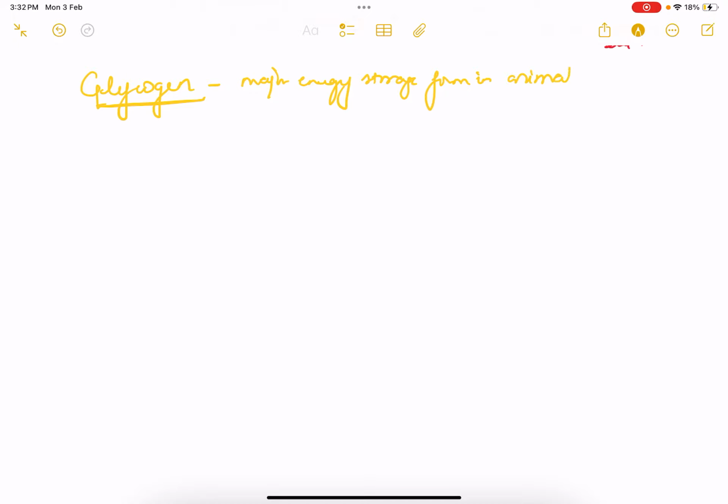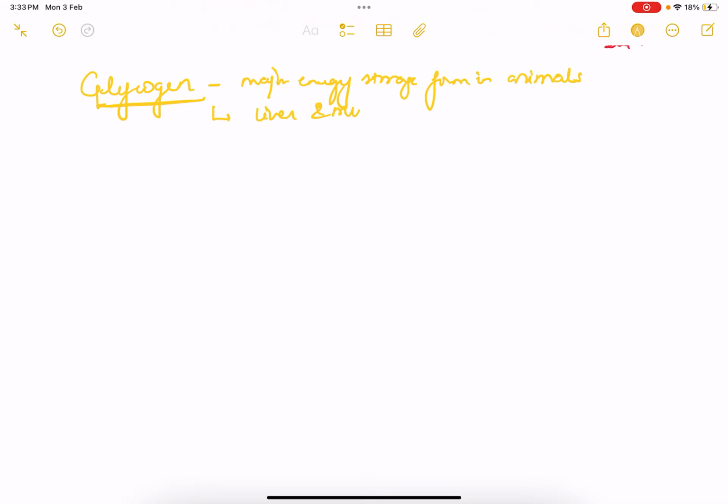In animals like us, we store all of our glucose in the form of glycogen, and we store it in our liver and muscles. In our body there is almost 200 to 300 gram of glycogen present. It is also synthesized by bacteria and fungi.